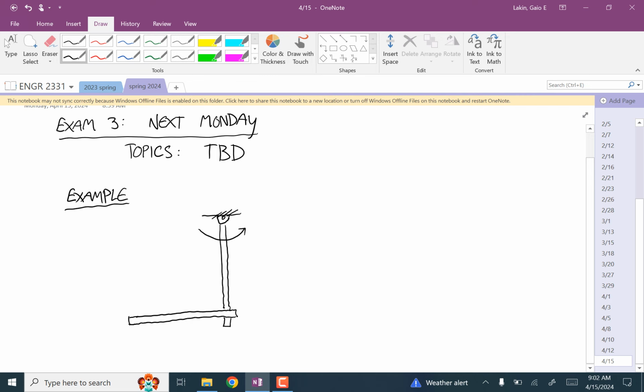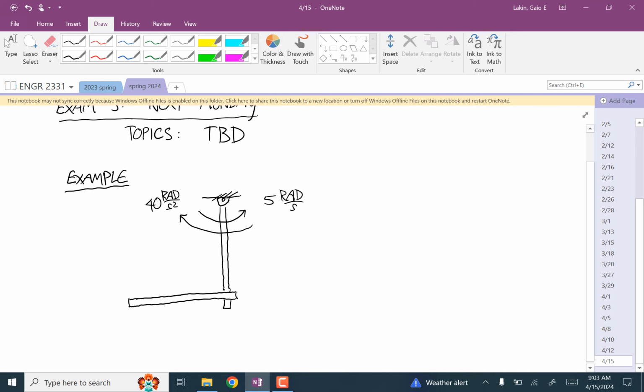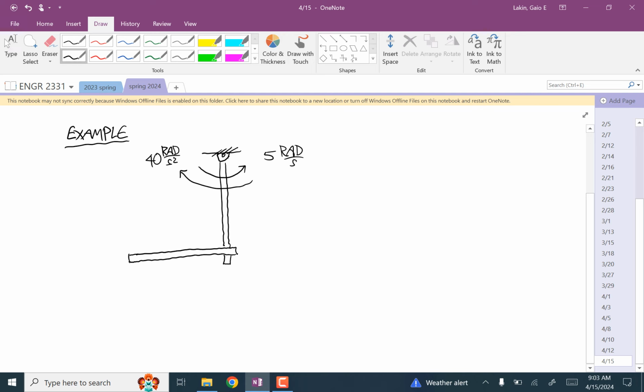Let's say this one has an angular velocity of 5 radians per second. And let's say it's slowing down really fast, so let's say 40 radians per second squared. And this other body is rotating about an axis like this, so it's circling into and out of the page.